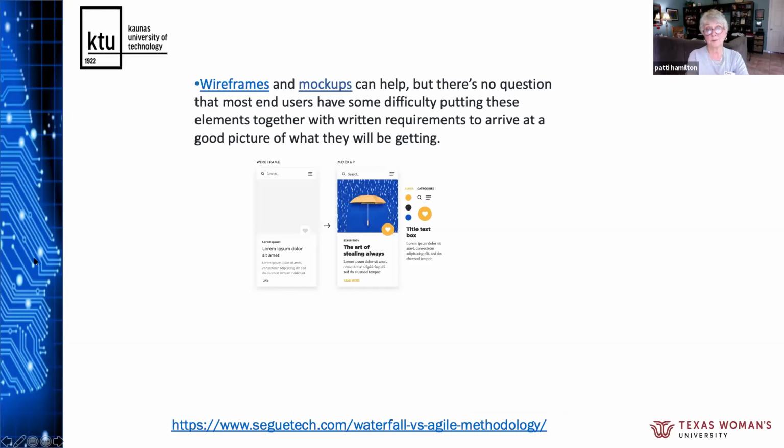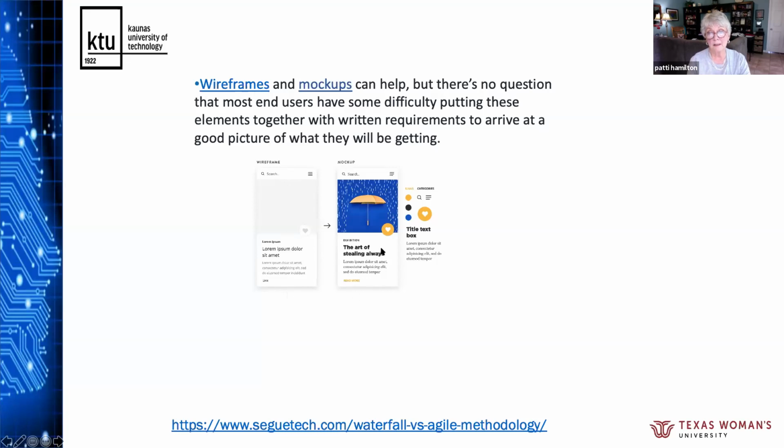Now, what some people do, let's just say it's an app that's being developed, is create what we call wireframes and mock-ups. A wireframe is a very scaled down, simple depiction of what the user will see in this program, or in this case, on this app screen.